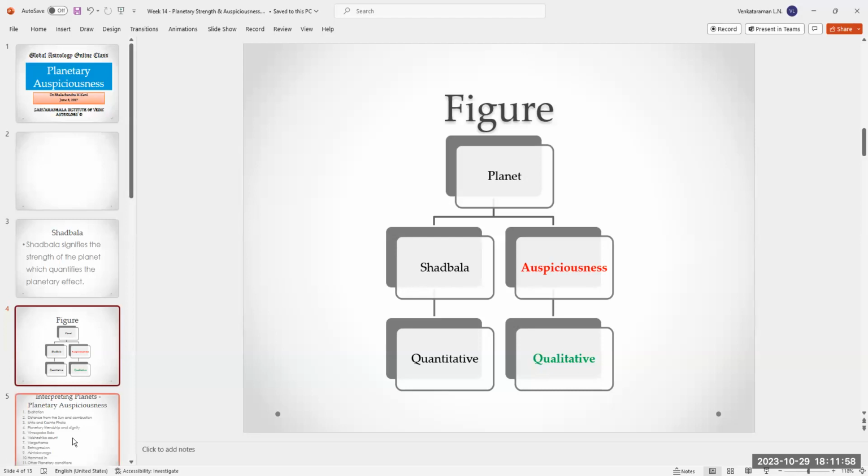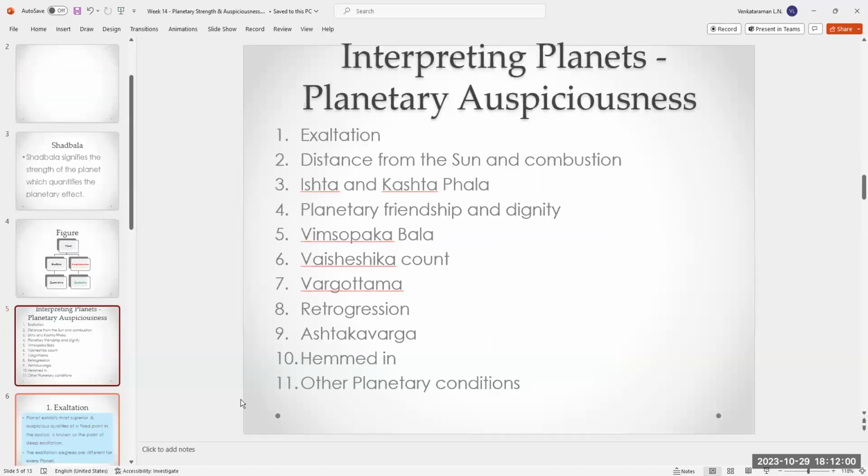Now, the next slide will list out the various things seen regarding auspiciousness. Interpreting planets, planetary auspiciousness. First, exaltation. Two, distance from the sun and combustion.